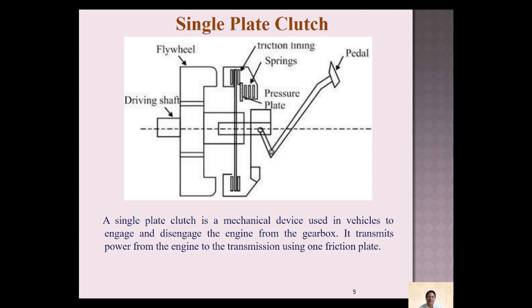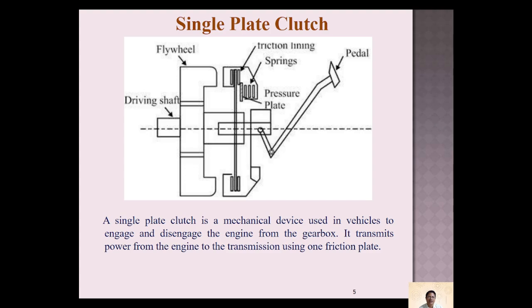If you press the pedal, that will disengage the plate from the flywheel, then the rotation will be idle. Whenever the gear is shifted, the pedal will be released, and at that time it will get engaged.